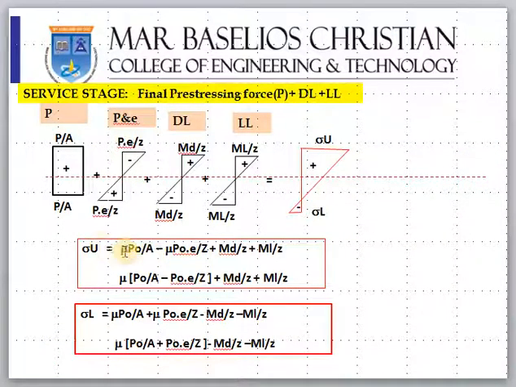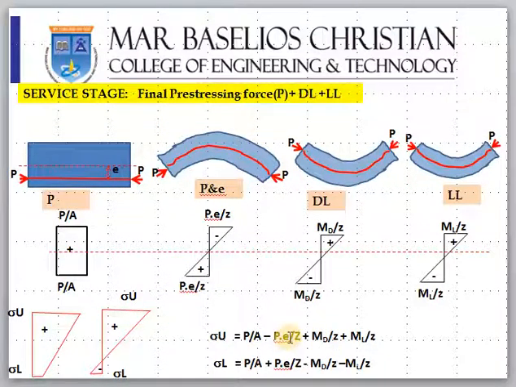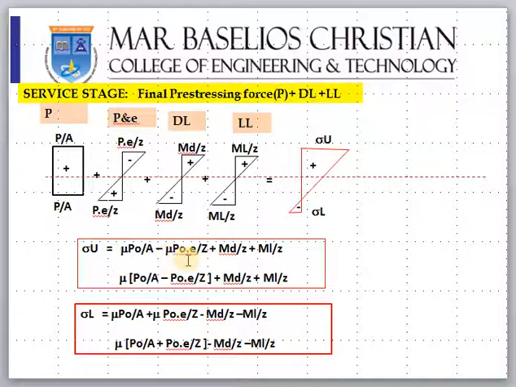I can write eta into P0 by A minus P into E by Z, and for the final pre-stressing force I can write eta into the initial pre-stressing force into E by Z. So I can take eta as a common factor and write P0 by A minus P0 E by Z plus MD by Z, and the same way here also. So that's all with this, and we'll try to do a problem so it will be more clear. Thank you very much.